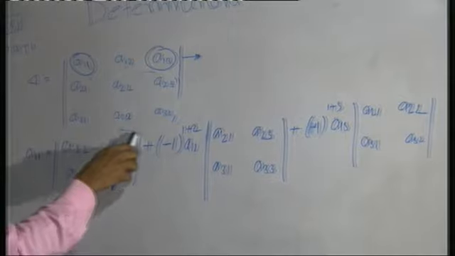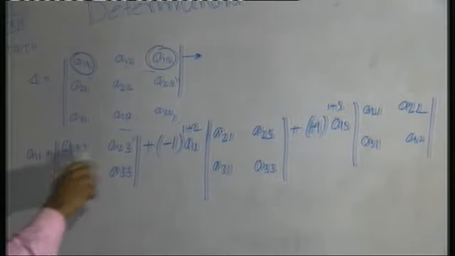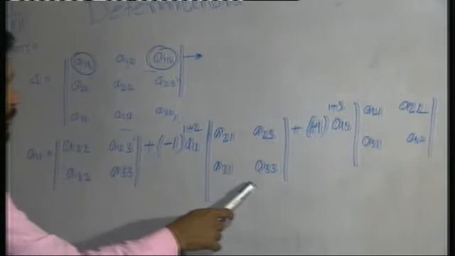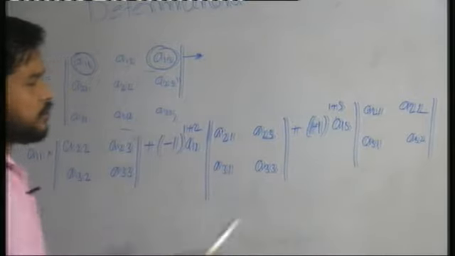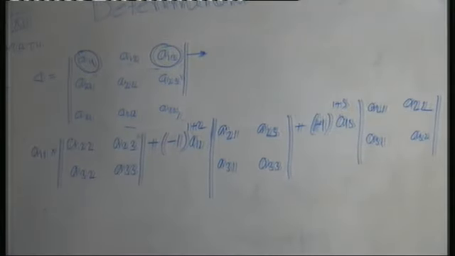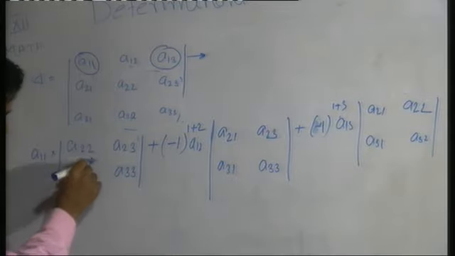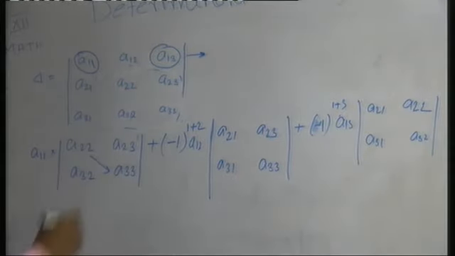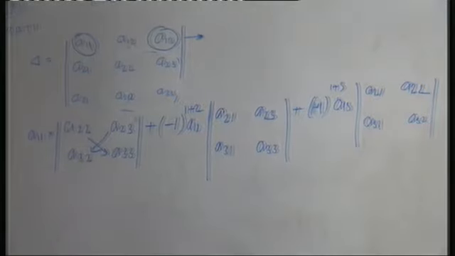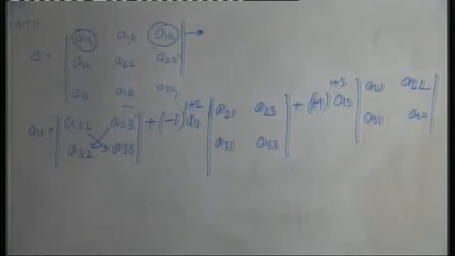Now we can see that each of these is a determinant of order 2, and we know how to expand a determinant of order 2. We first multiply these two elements, minus we multiply these two elements. This is the procedure to expand a determinant of order 3.